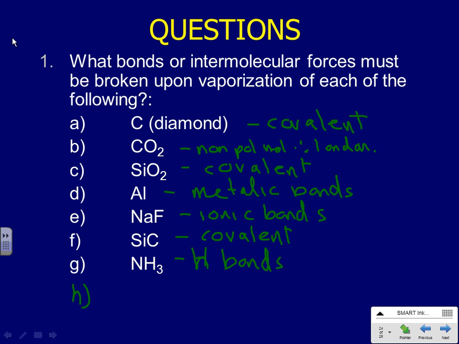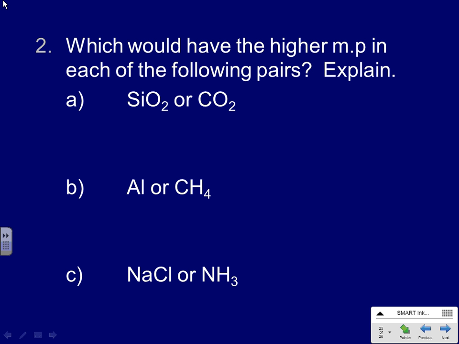I could add what would be a simple dipole, HCl. It's not a hydrogen bonded to a carbon, not hydrogen bonded to an oxygen, nitrogen, or fluorine. So HCl would be dipole. Again, I don't think it's worth writing down, but it's all online. You can go back and look at it.